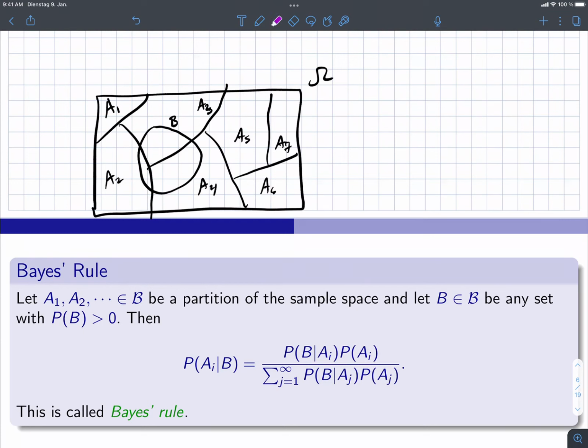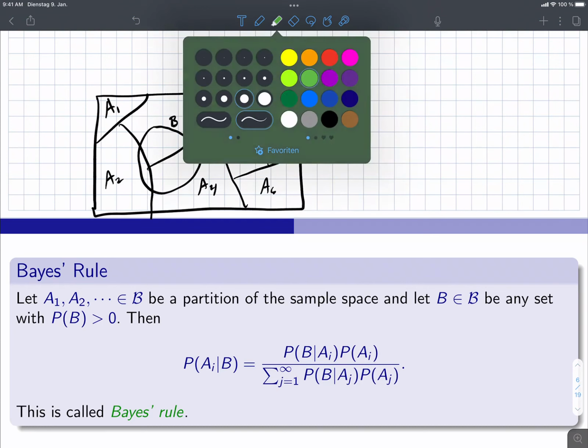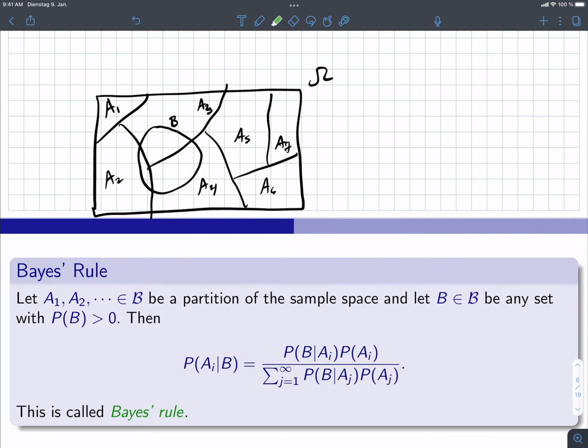And the idea is I want to compute the probability of one of these sets in the partition conditioned on the set B. So given that B happens, what is the probability that this certain member of the partition collection happens?